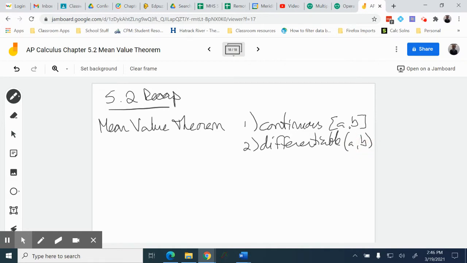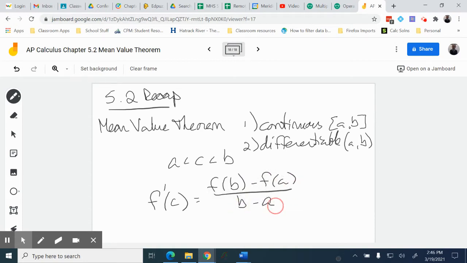And if both these things are true, then there must be a value of c in that interval such that the instantaneous rate of change at c equals the average rate of change over the interval.